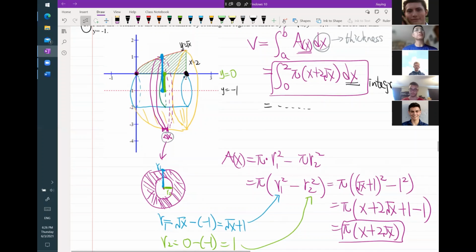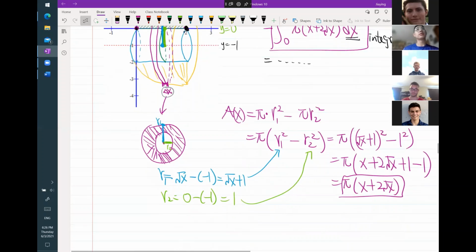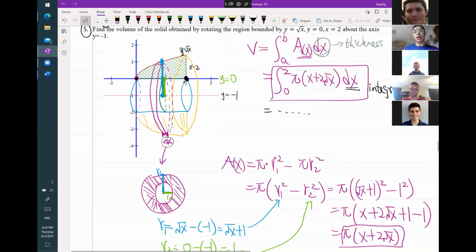Any other questions on this problem? The next step, we would pull out pi, right? Exactly. So when you integrate, always pull out any constant coefficients, because they don't get involved in the integration part.